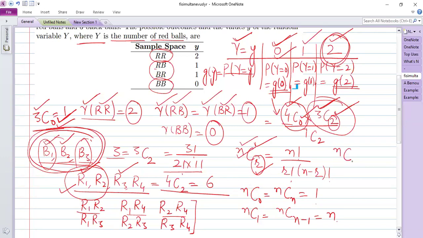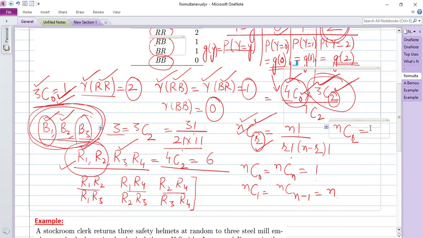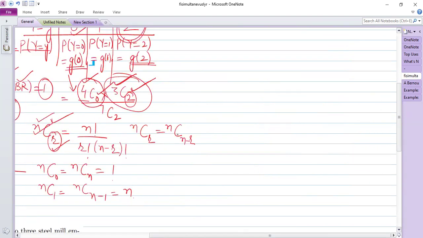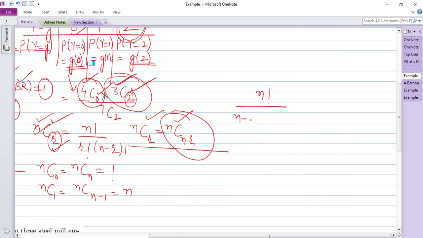Actually NCR is equal to NC(N-R). Basically, what is this NC(N-R)? It will be N factorial divided by (N-R) factorial and (N-(N-R)) factorial.